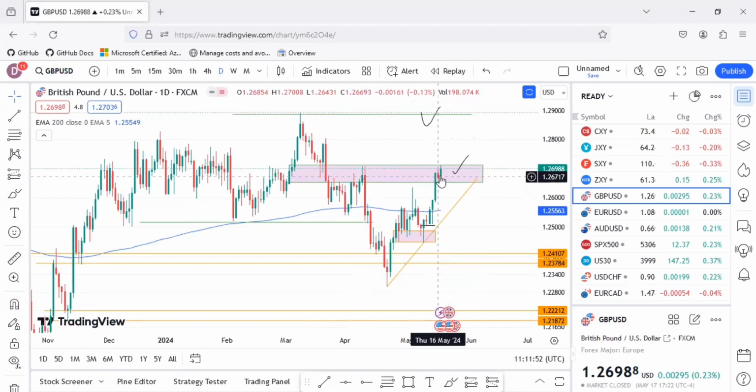Now, why am I so convinced that the price might sell from this place? Nobody is sure 100%. It is what the market gives you that you take. But why am I looking at this particular level? If you watch the previous video, you see price was making an upward move from here to here.